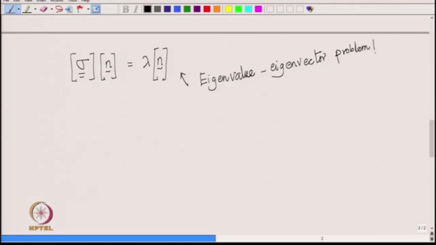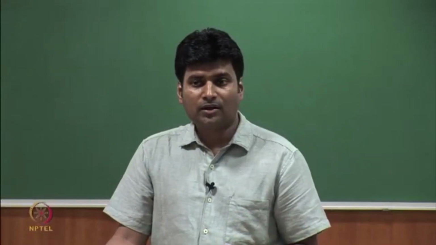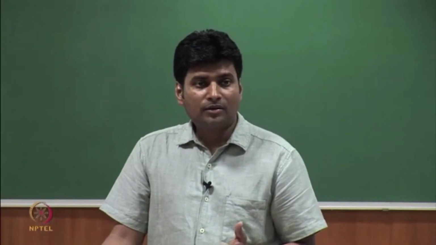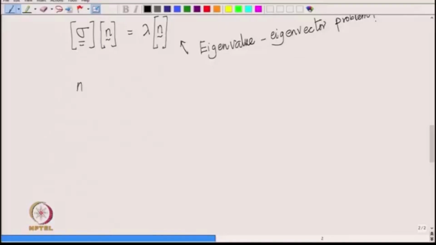Right. So, what this tells us is that the direction n is the eigenvector and lambda is the eigenvalue, right. So, I am going to write here: n is the eigenvector of sigma and lambda is the eigenvalue.